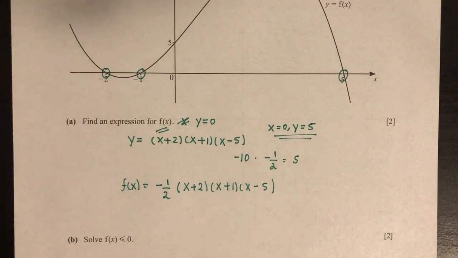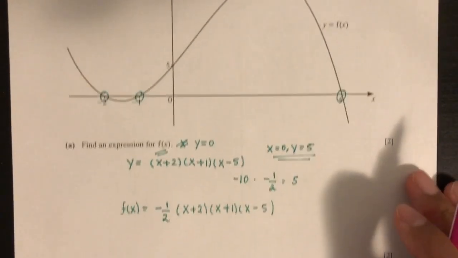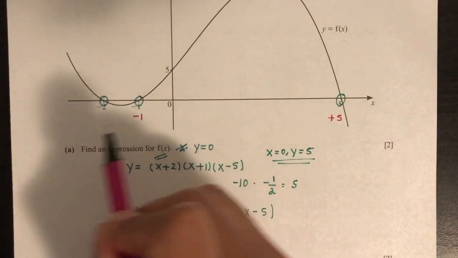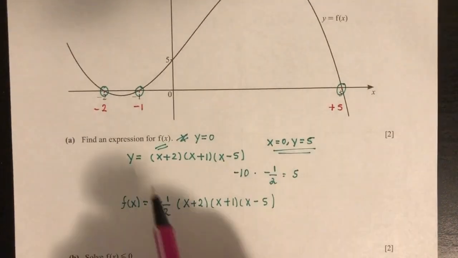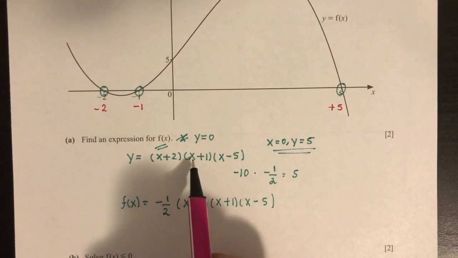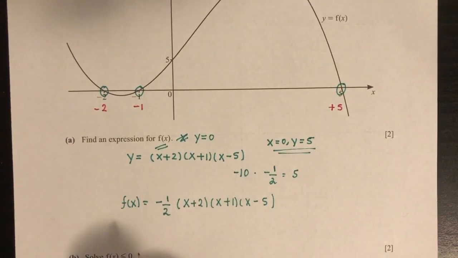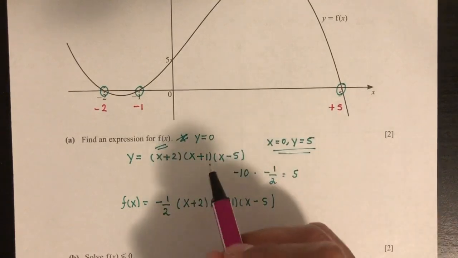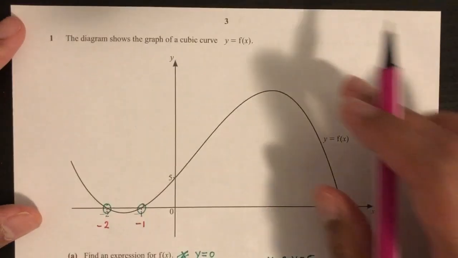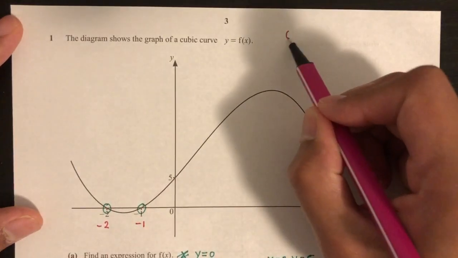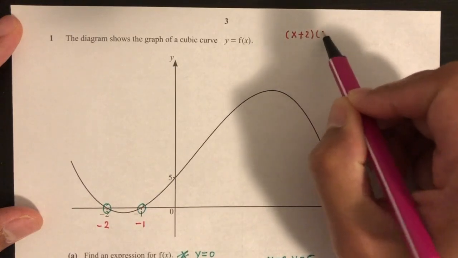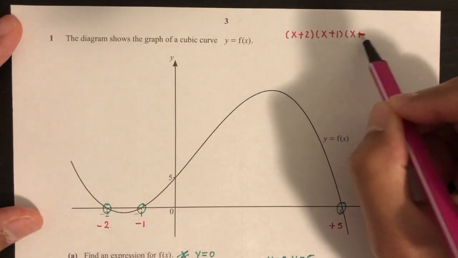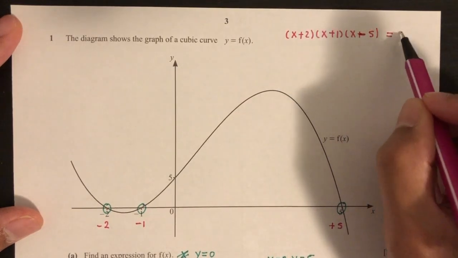One of the questions you may be asking yourself is, this one is plus 5, this one is minus 1, and minus 2, so why do you write x plus 2, x plus 1, x minus 5? This is because when you solve this equation, you will do x plus 2, x plus 1, and x minus 5 equal to 0.